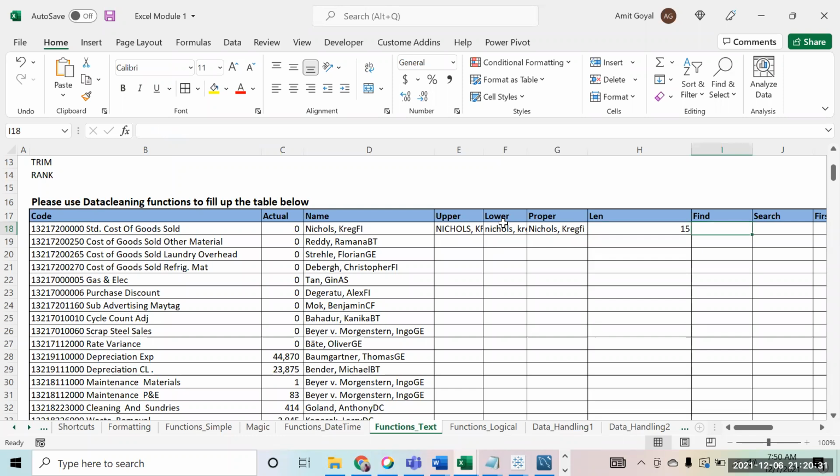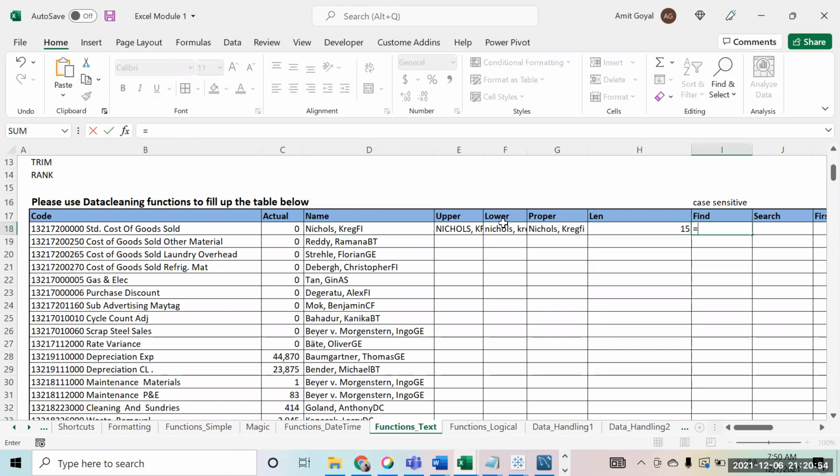Done everyone? Then you have the find function, which is used to find the position of a character. It is case sensitive. Suppose in this Nicholas, you want to find the position at which the comma is coming.